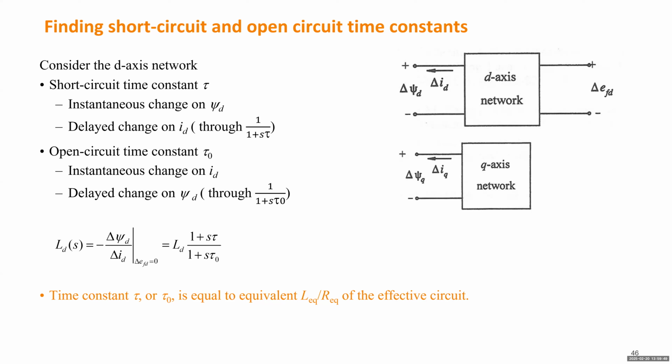You can make some approximation here, so finally you only have one L and one R. That defines your tau, and then you put it in this equation. But definitely, you need to study the open circuit and short circuit scenarios separately to determine both time constants.